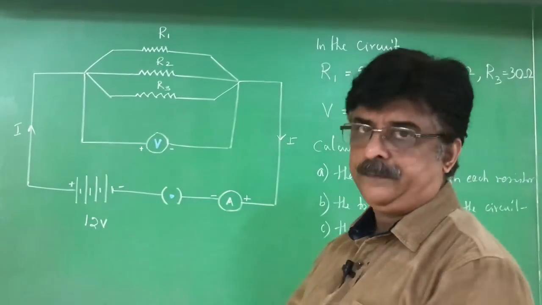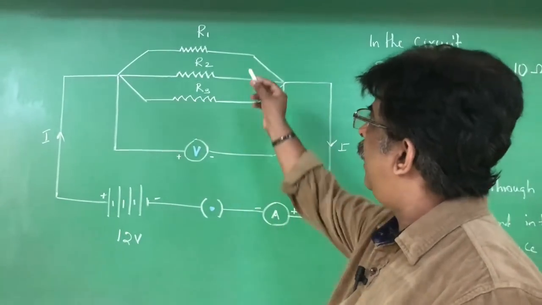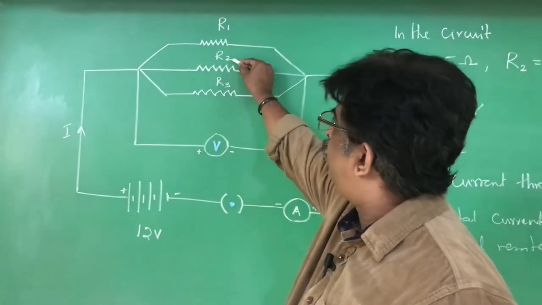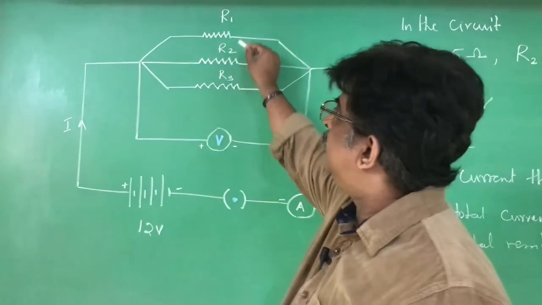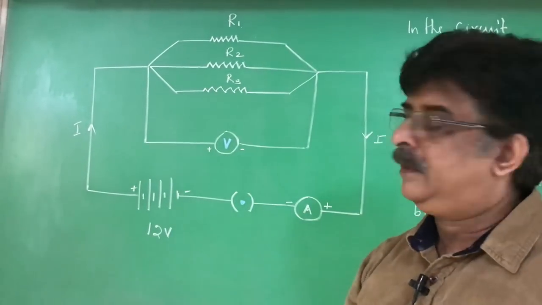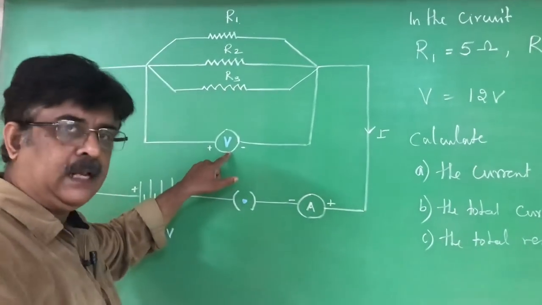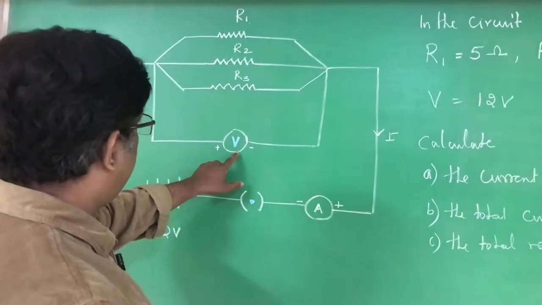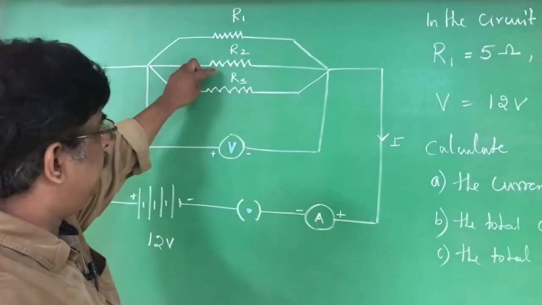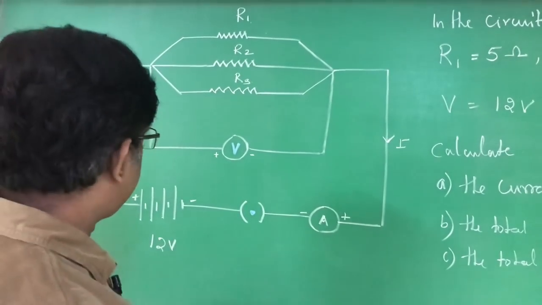Very nice circuit. See the circuit. 3 resistors, R1, R2, R3. These 3 resistors are connected in parallel. And to measure their voltage, a voltmeter is also connected. And you all know that when resistors are connected in parallel, the voltage remains constant.